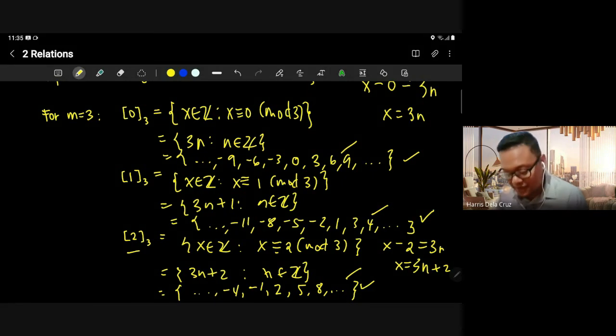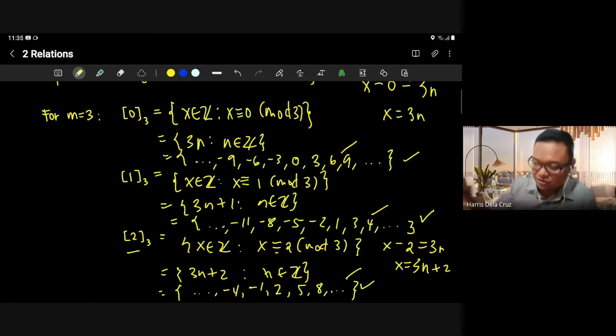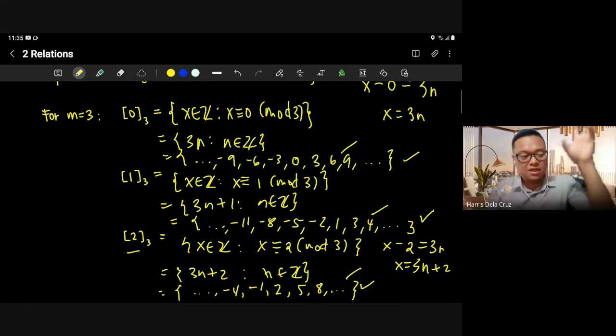Pero that's equivalent to the modular relation mod 3. Di ba? So, ang sinasabi nito, for every partition, meron kang i-induce na unique relation. For any relation, meron kang i-induce na unique partition, and those two are induced by each other.